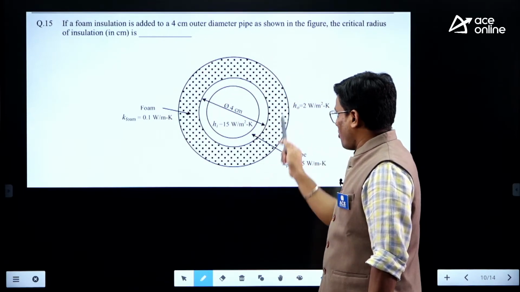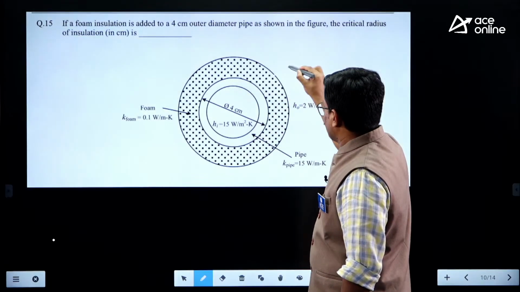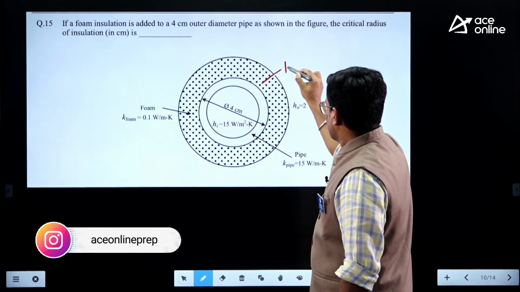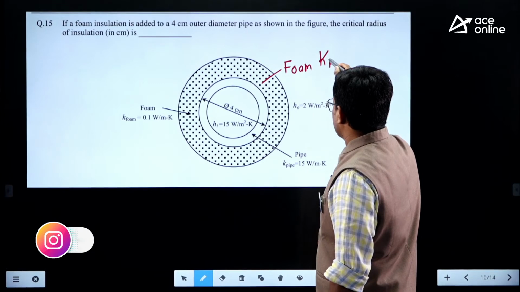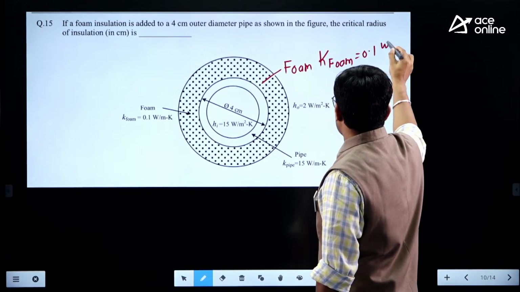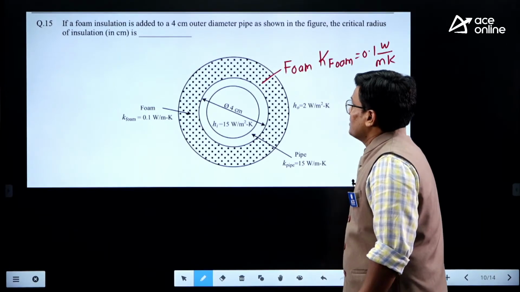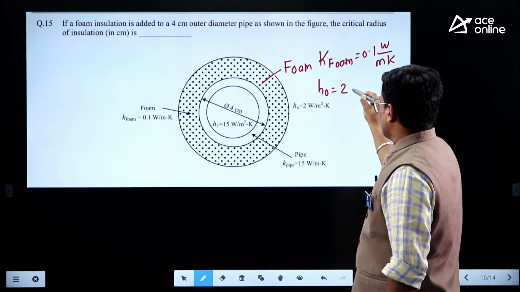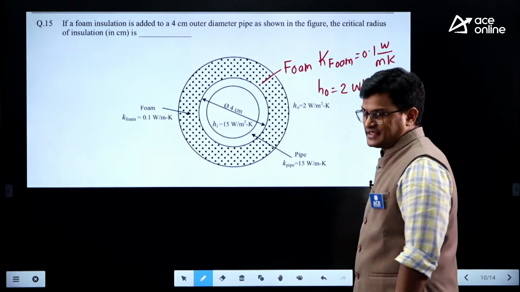Okay, so this is the foam insulation, whatever dots you can see, that is the foam. K of foam is given, that is 0.1 watt per meter Kelvin. And this H naught outside is 2 watt per meter square Kelvin. This is H of outside.